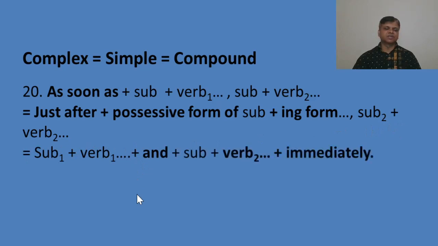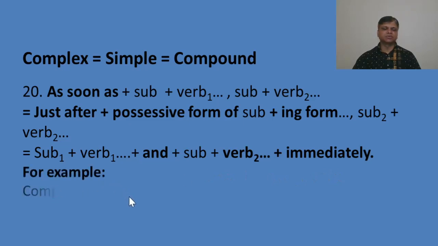If you want to make it a compound sentence, you have to follow the structure: subject 1, verb 1, and subject, verb 2, and at the end of the sentence you have to use immediately.